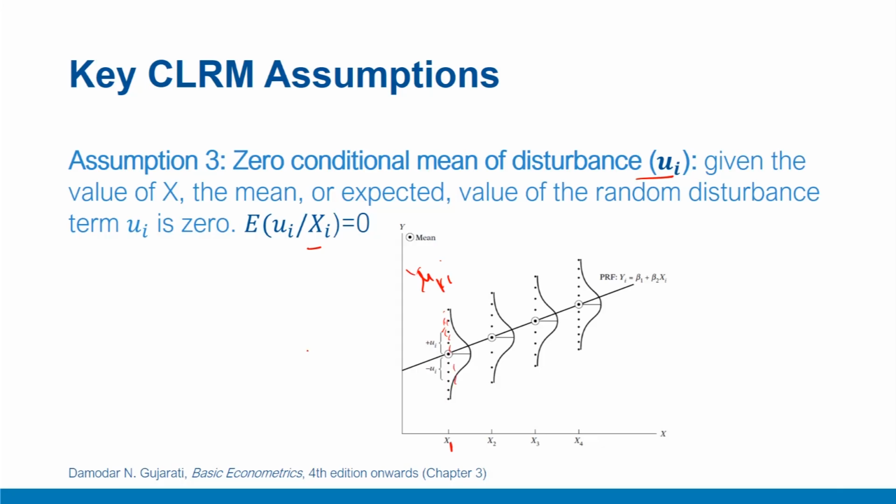If we take the mean of these mu i's, since it is for only x1, then the mean of mu i given x1 is equal to 0. Similarly, for x2, all the mu i's, mu1, mu2, and so on, all these mu i's will average to 0. So the conditional mean of all these error terms for a given xi should be equal to 0.